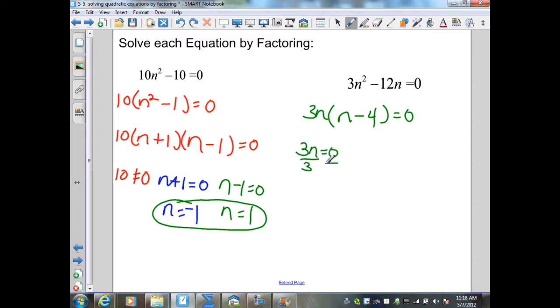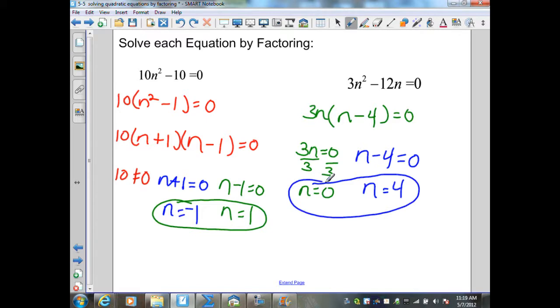Divide both sides by 3, n equals 0. That's one of my solutions. Next, I have n minus 4 equals 0. Add 4 to both sides, n equals 4. So here are my solutions. So always remember, we have to put this term on the outside and set that equal to 0, because I can get a possible solution for that term.